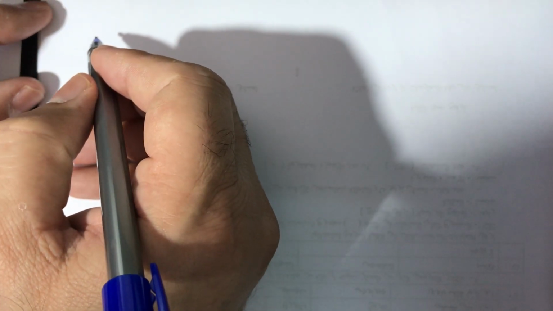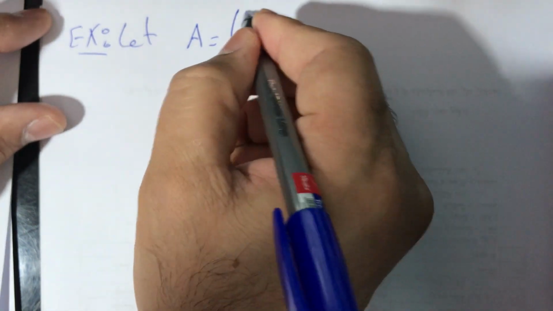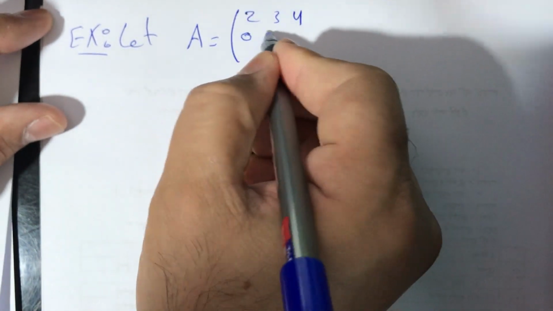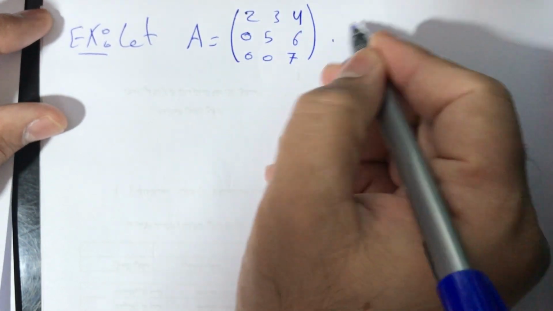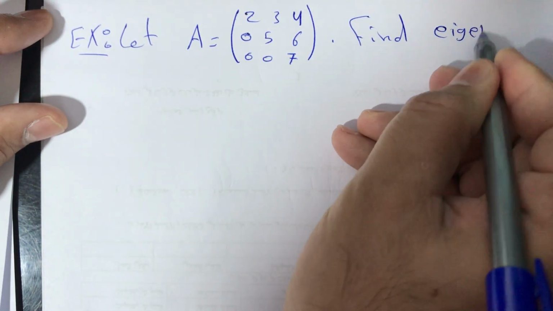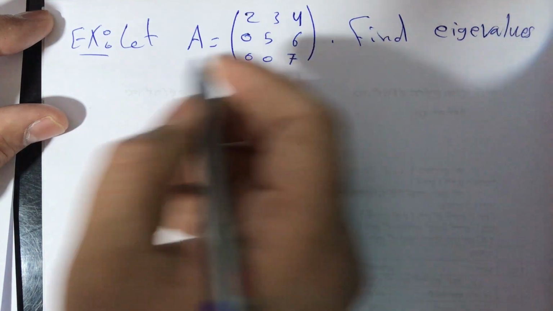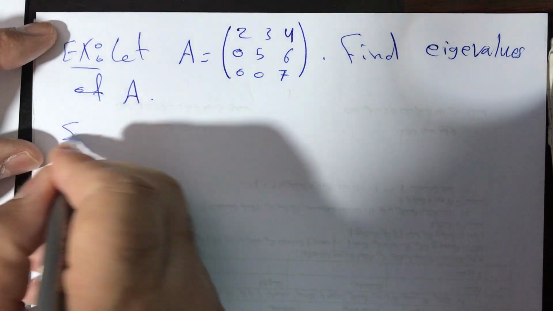And now another example. Let A be the matrix 2, 3, 4, 0, 5, 6, 0, 0, 7. Find the eigenvalues of A. Solution.